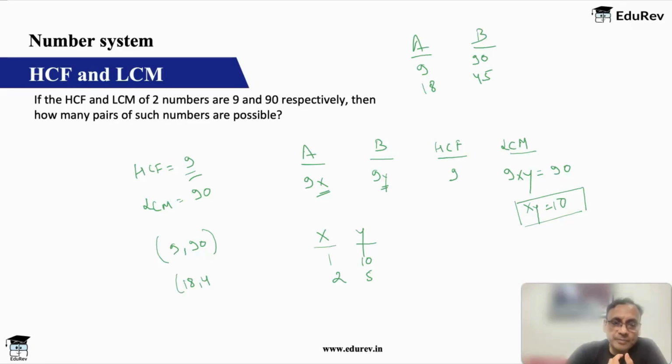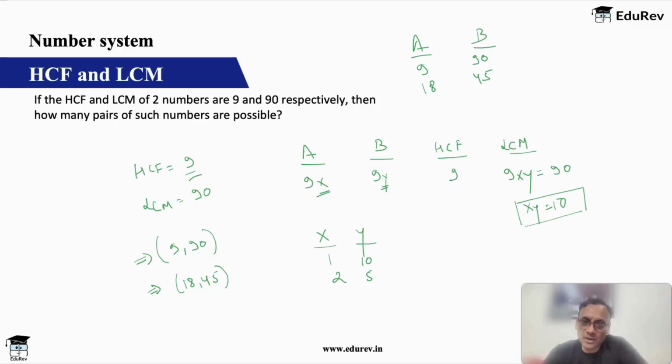These are not ordered pairs, so you might say that 90 and 9 is also possible. That does not matter, because the question is not asking for ordered pairs. So one number is 9 and the other is 90, or one number is 18 and the other is 45. These are the only two possible pairs. So the answer is there are two pairs possible.